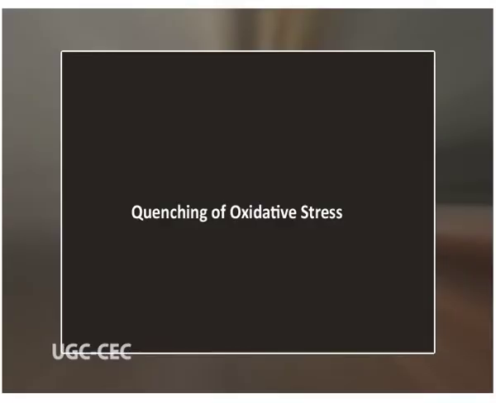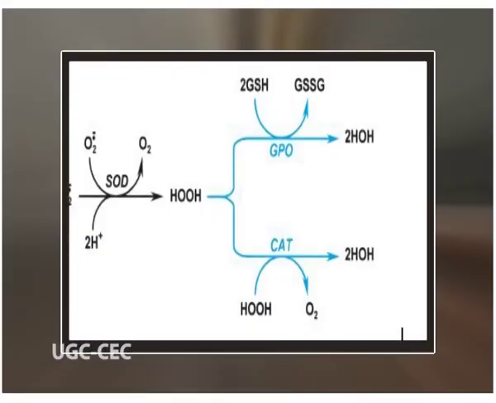And second, a phospholipase can cleave the fatty acid peroxide, which can be reduced by glutathione peroxidase to give FAOH. GPX is regenerated by glutathione reductase. Quenching of oxidative stress: detoxification of the superoxide anion radical occurs by superoxide dismutase, followed by glutathione peroxidase and catalase.